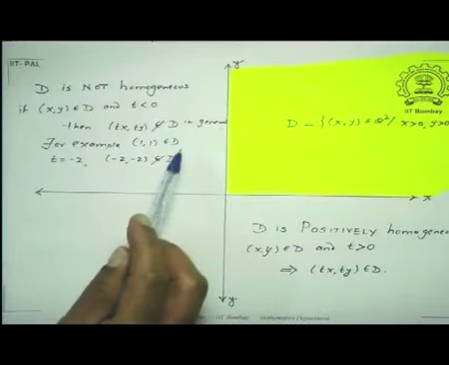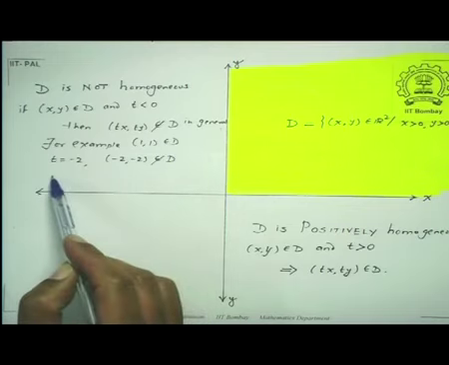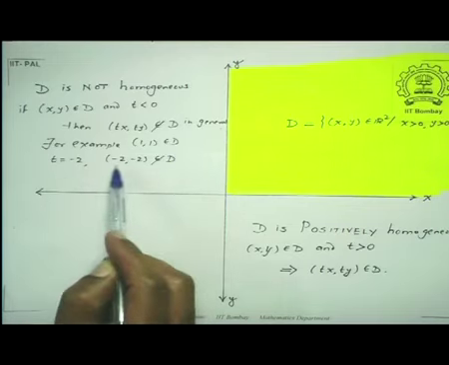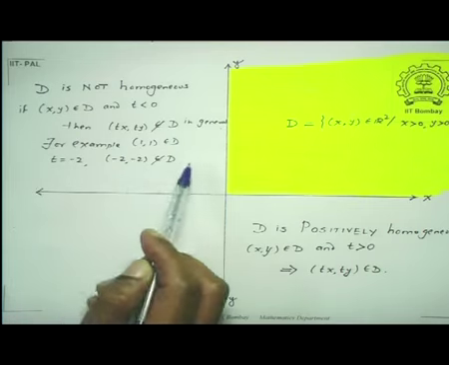This open first quadrant is obviously positively homogeneous, right? If I take (x, y) in the open first quadrant, then (tx, ty) will also be in the open first quadrant for t positive, but not for t negative. For example, the point (1, 1) is in the domain, but take t equal to minus 2, and (-2, -2) is not in the domain.